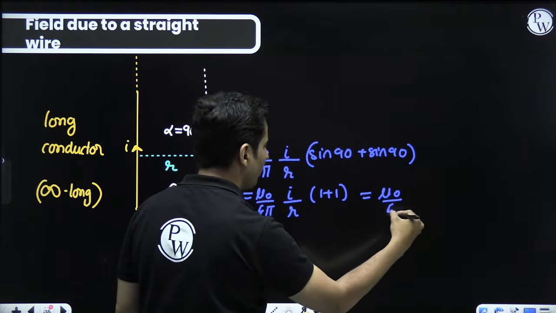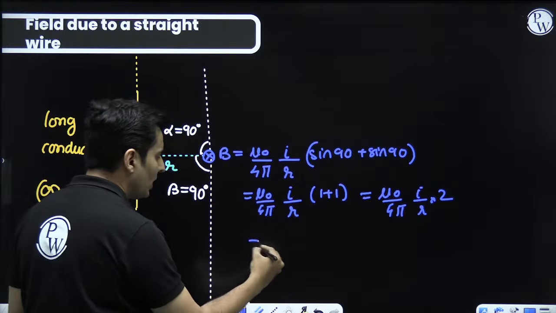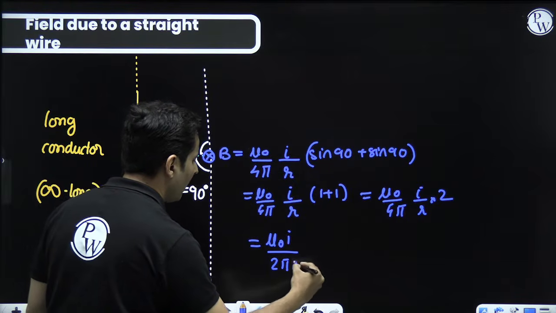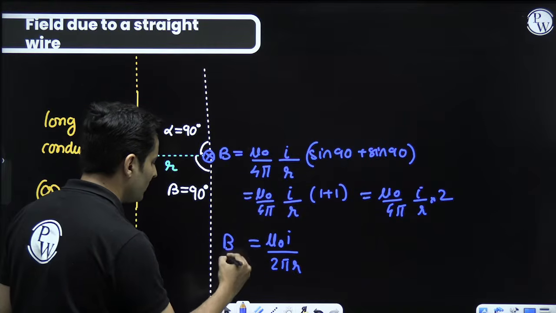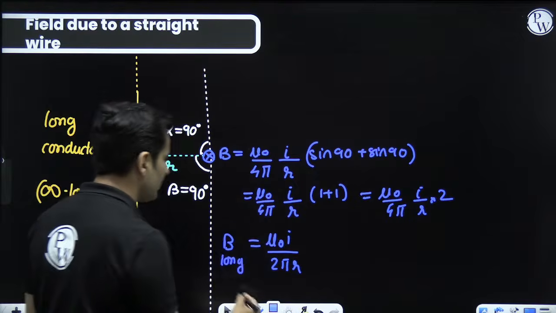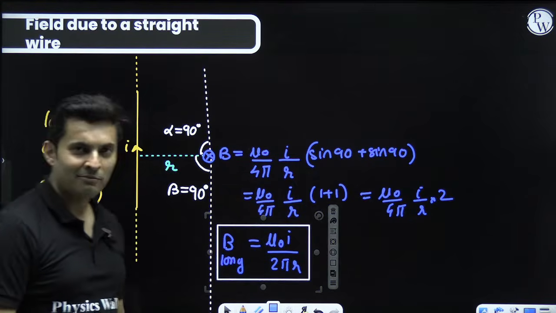So mu naught by 4 pi I by R multiplied by 2. 2 and 4 will cancel, and you will get mu naught I by 2 pi R. Crazy. This is due to a long wire. Now this formula, please remember it. Mu naught I by 2 pi R.